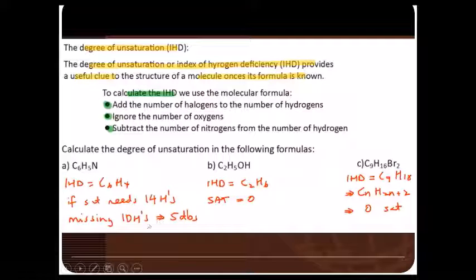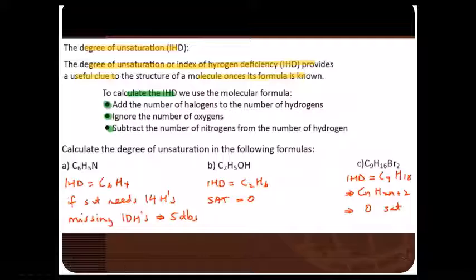So we must have a large number of double bonds, like 5 double bonds. It's definitely unsaturated, and that's why the IHD would not be 0. That means you would have 5 double bonds, and that's how you answer for the unsaturated ones.